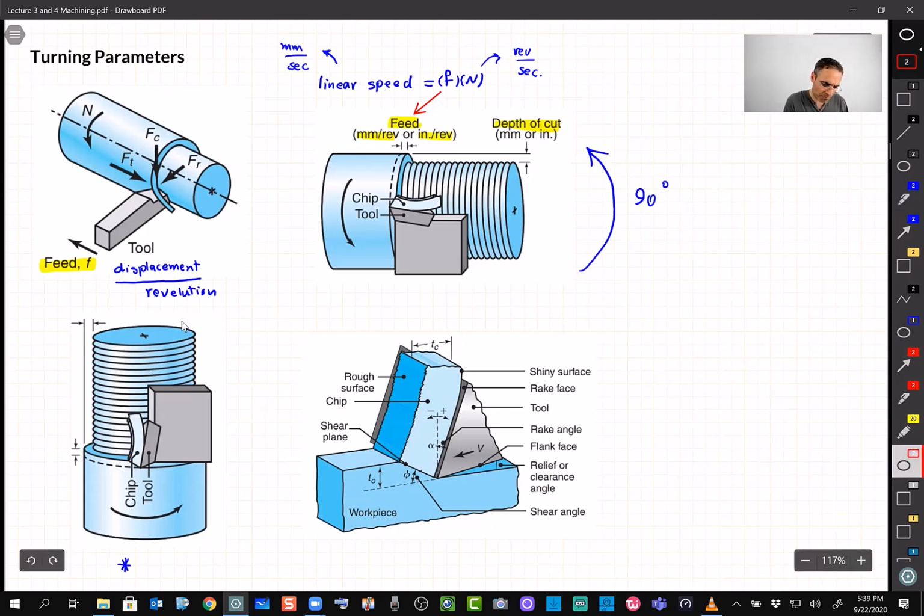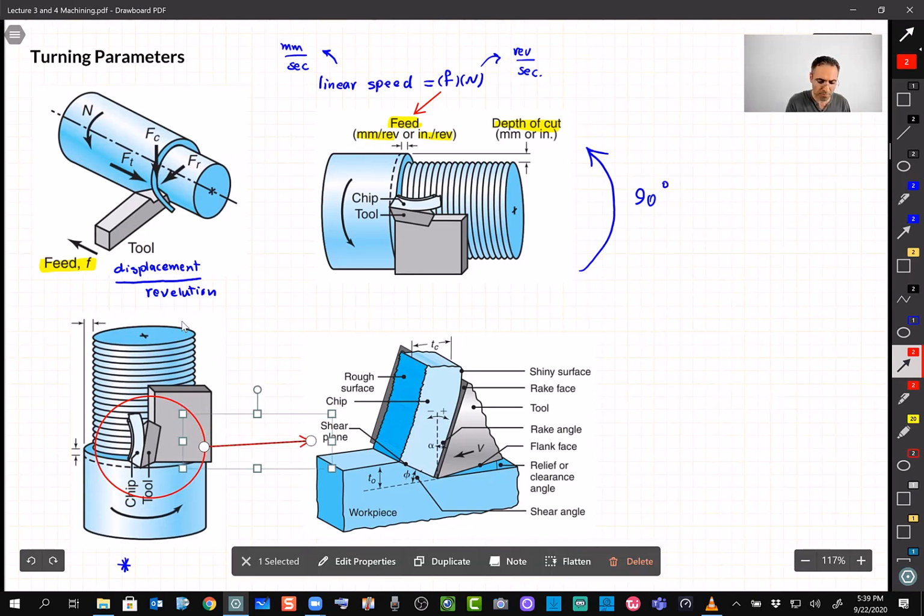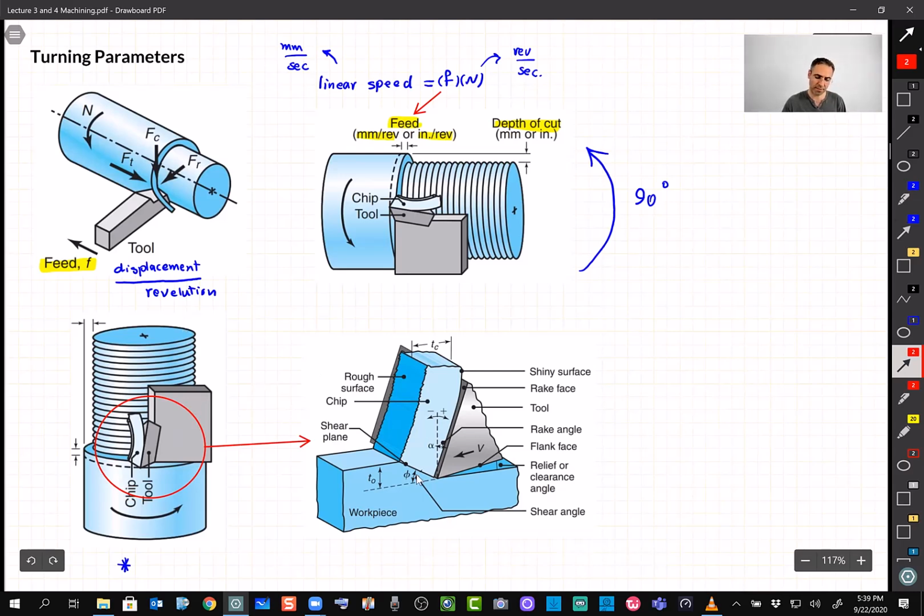If we focus on this part where we are removing the material, we can match it with what we just learned for the mechanism of removing material. You recall this one, which we just saw for the mechanism of machining in general. Let's see how we can match these parameters.